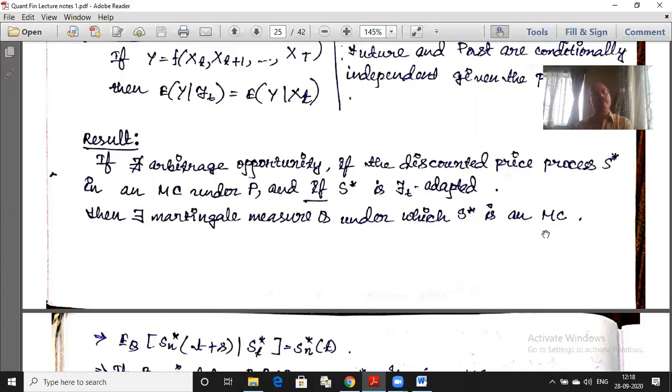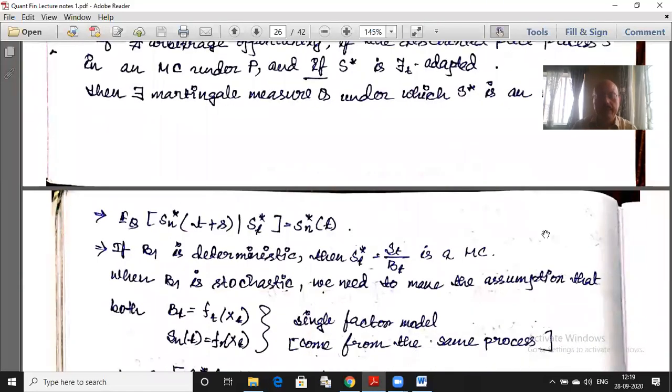You can find the martingale measure Q so that the Markov chain property gets transferred from under P to under Q. So then I can write expectation of S_n star T plus S given S star T under Q is also S_n star T. For the martingale property, earlier we worked with the probability function P, but now I am saying that I can also replace this by Q.